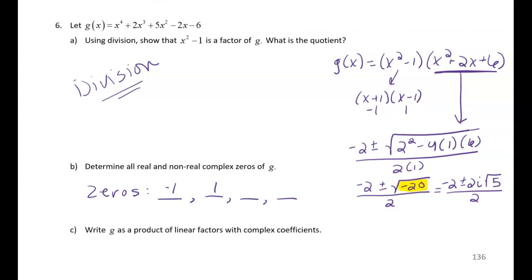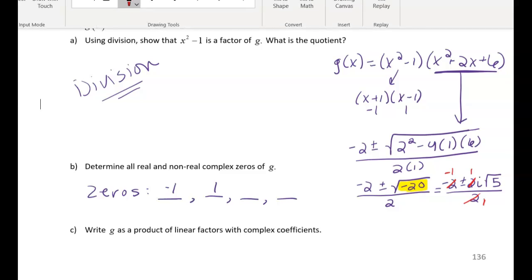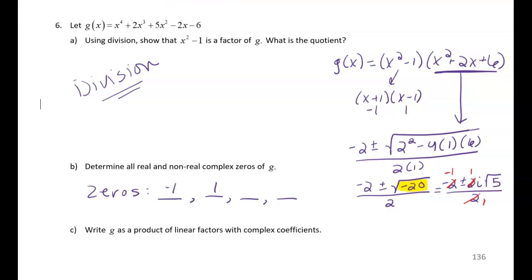So 2 comes out of itself once, and you can divide it out here and here as well. Okay, be careful with that simplifying. And then you have -1 plus or minus i square root of 5. Okay, so those are our other 2 roots here: -1 plus i square root of 5, and -1 minus i square root of 5. So we have found all 4 roots at this point.